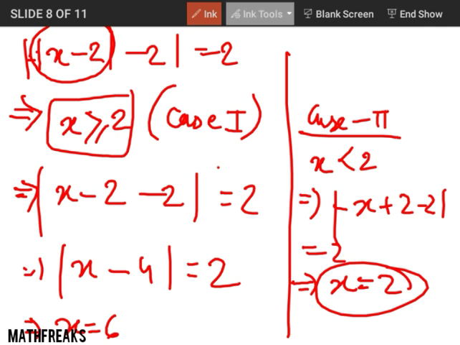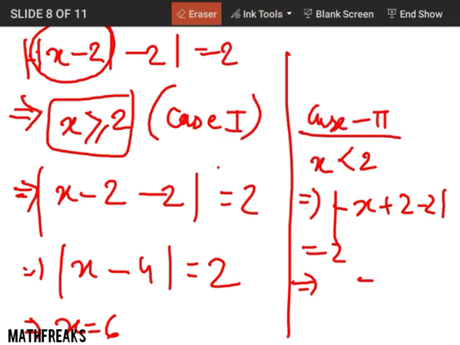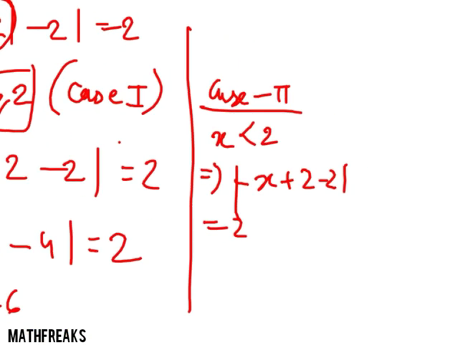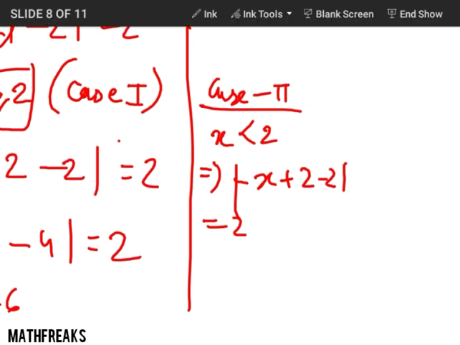Okay, wait, one condition is missed at this point. What we have taken here is minus of x is equal to 2. See, this is minus of x. We have taken x less than 2, but we don't know if x is less than 0 as well, right?